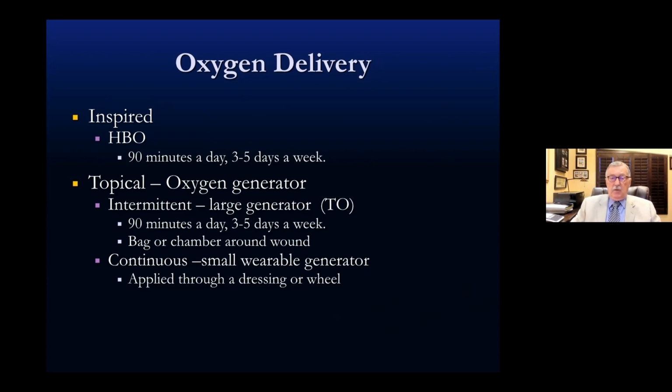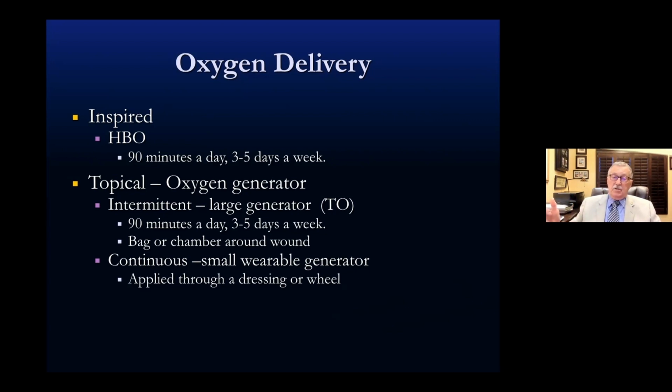Topical oxygen requires some type of oxygen generator. There are two broad categories again. One is intermittent. The system that's available has a large generator, often referred to as TO or topical oxygen. Again, it's intermittent, 90 minutes a day for 3 to 5 days a week.